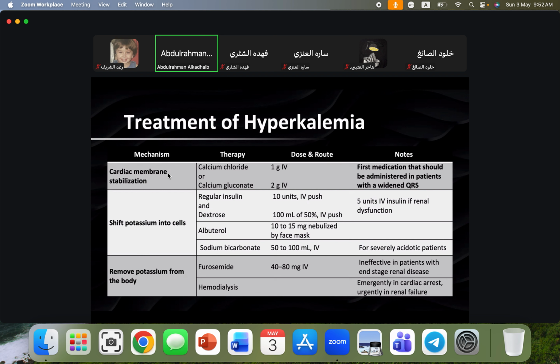The second class of medications for hyperkalemia is called the potassium shifters, or the medications that basically shift the potassium into the cells. And the examples for those medications may include insulin with dextrose and albuterol, which is also called salbutamol, and the sodium bicarbonate.